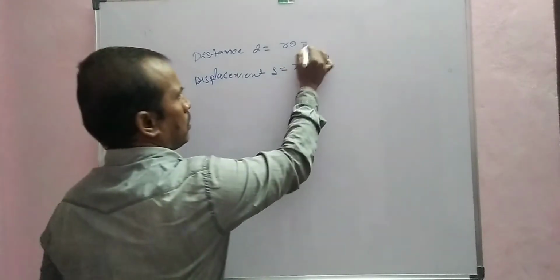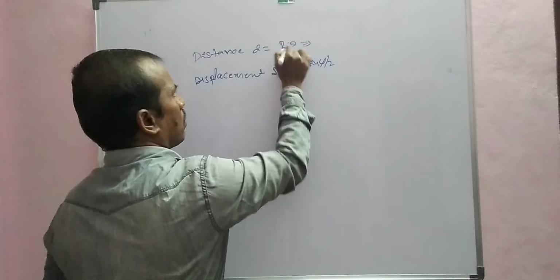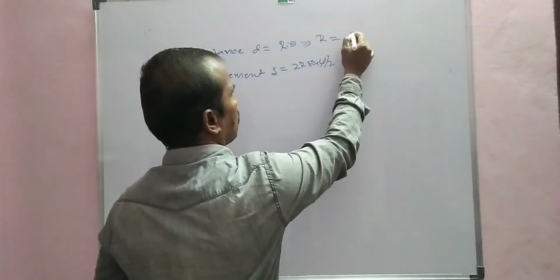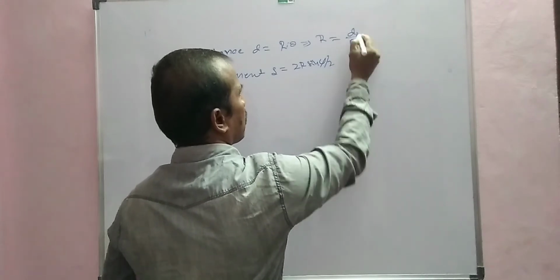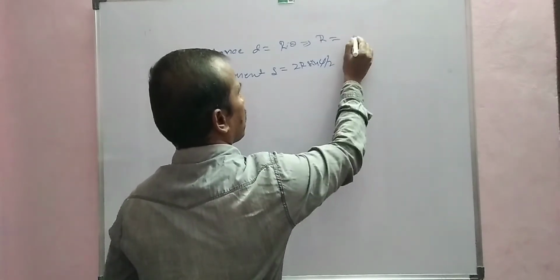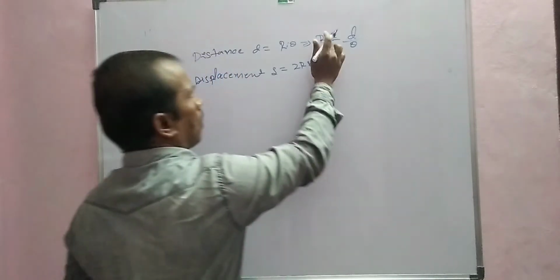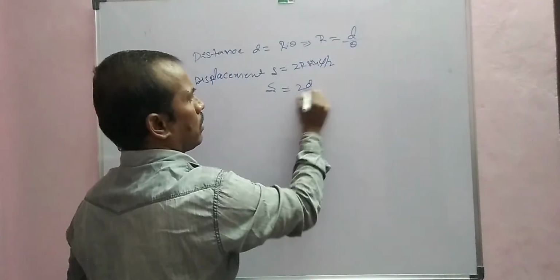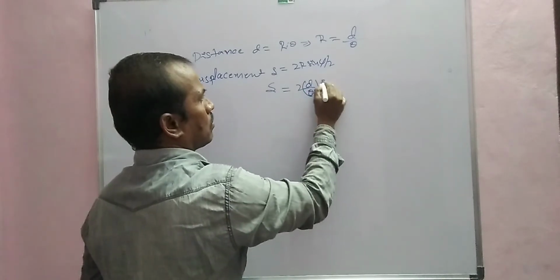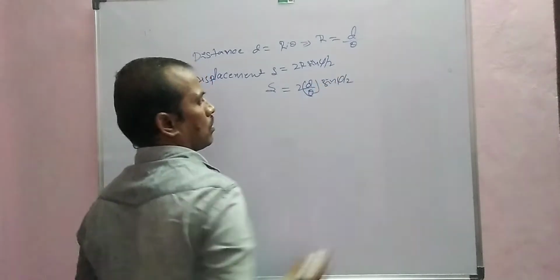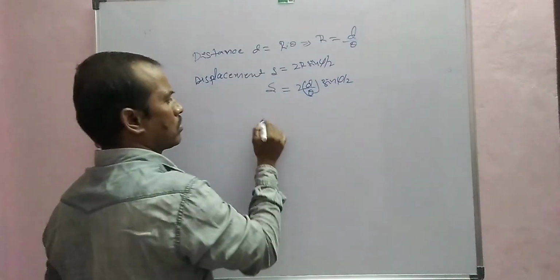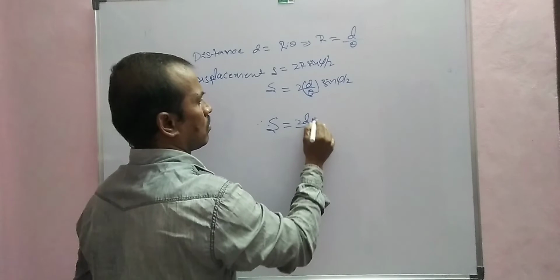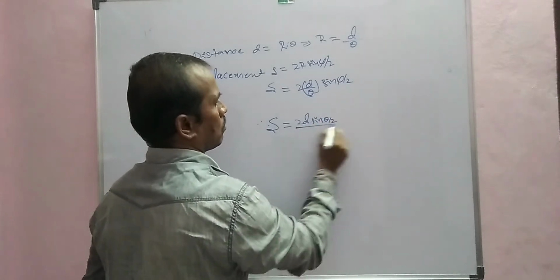Here r means the radius of the circle. R is equal to distance by angle, d by theta. Substituting the r value, the displacement is equal to 2 into d by theta into sin theta by 2, that is, 2d sin theta by 2 by theta.